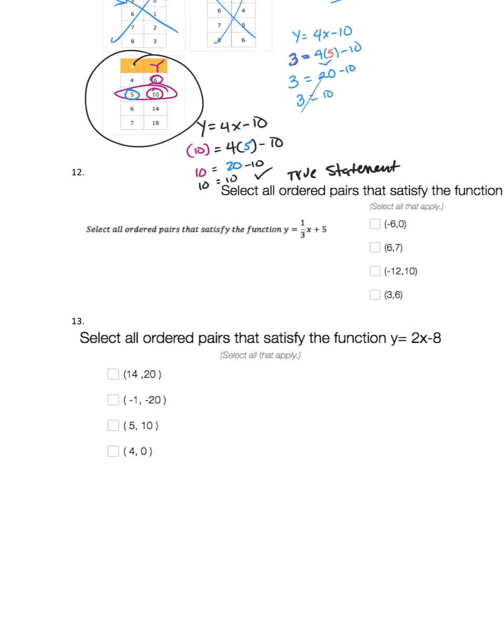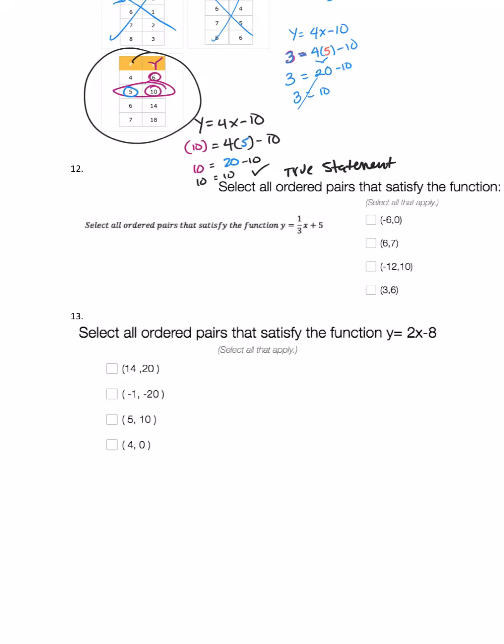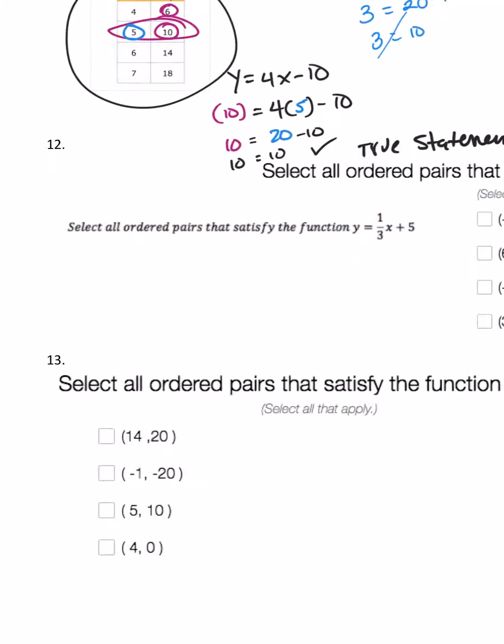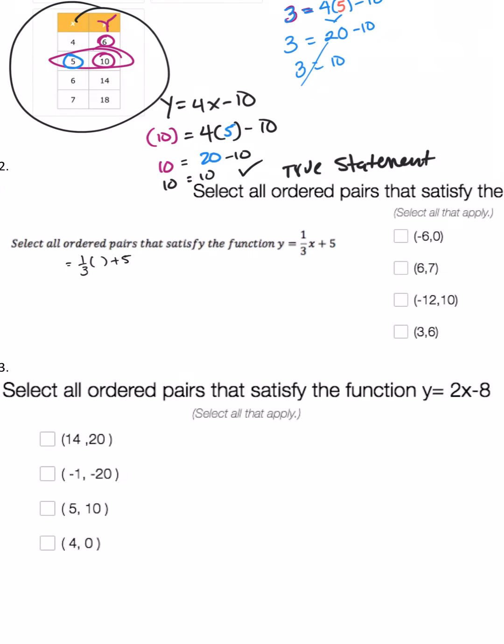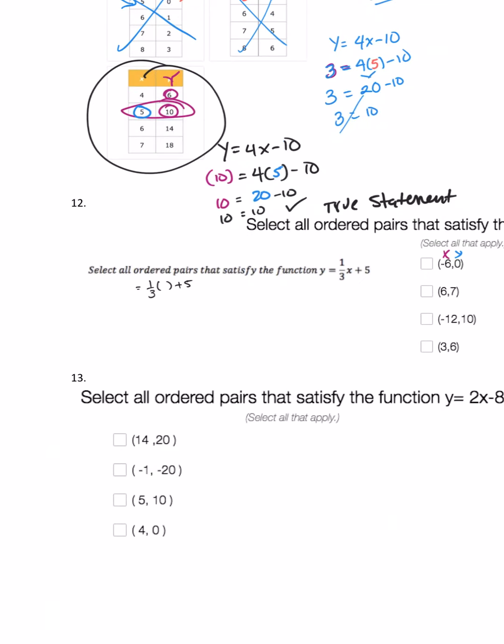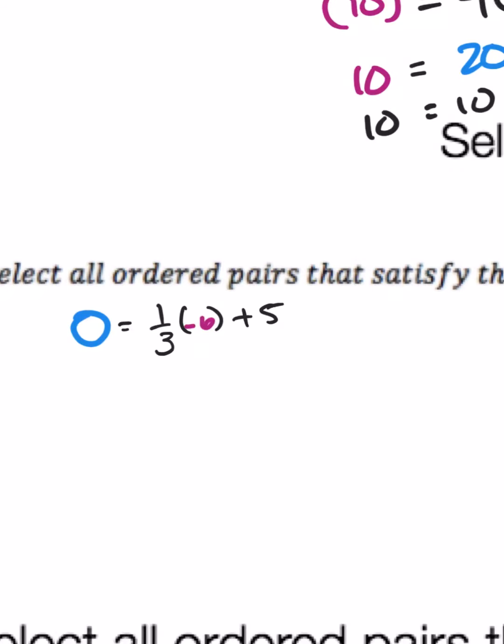And these ones, same thing. Okay, so y equals 1 over 3 x plus 5. It's okay to have fractions, right? Now, we don't need the y. We're going to substitute. So, here's your x. Here's your y. 0 equals, what's your x? Negative 6. Put a negative 6 there. And how can you multiply fractions?